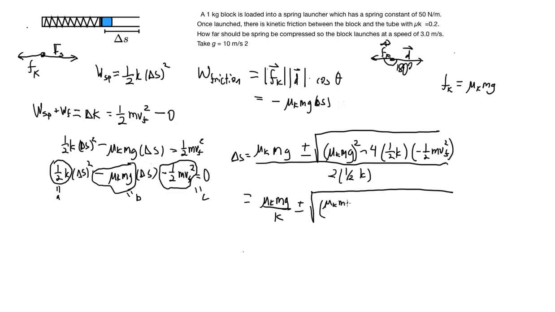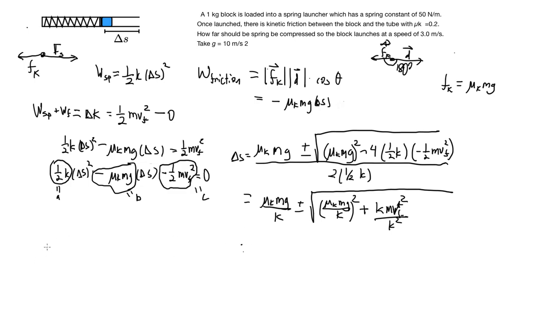And 4 times a half times a negative half is going to be a plus 1 times k m v final squared, all over k squared. Okay, and this is getting simpler, believe it or not.